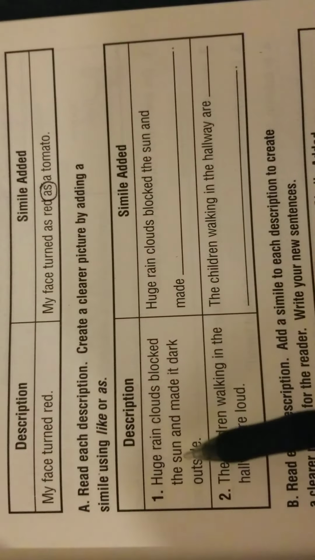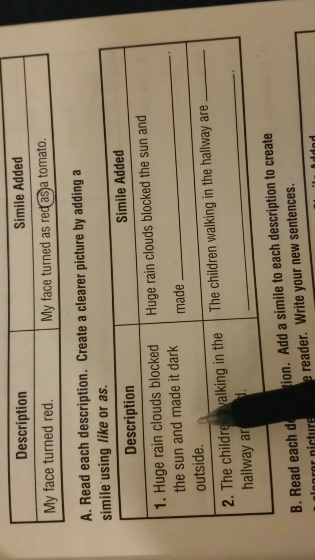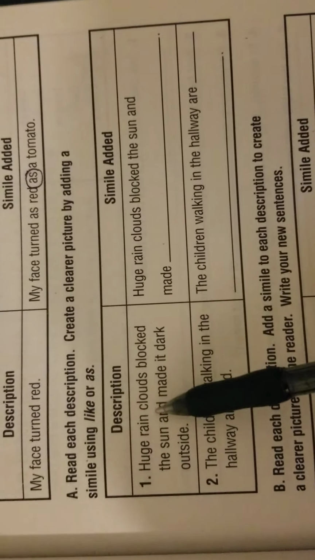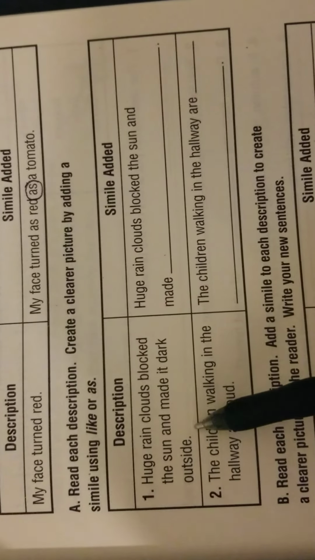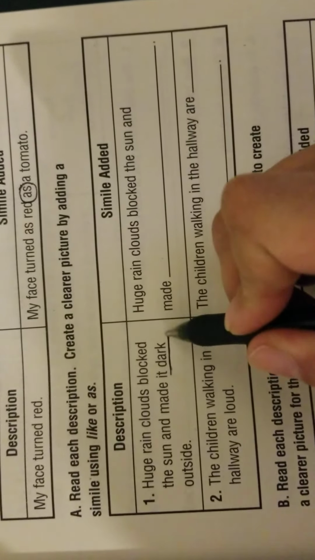We are going to read the description and then we're going to add a simile to it. Here it says, huge rain clouds blocked the sun and made it dark outside. So we're going to think of what we can compare that is also dark.